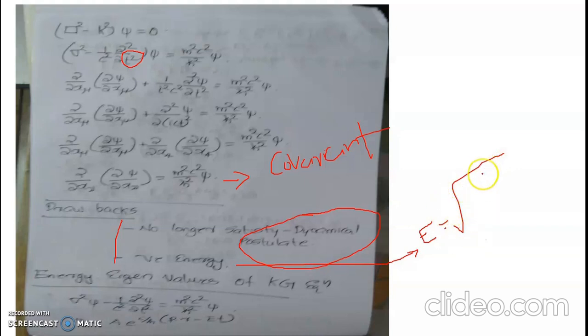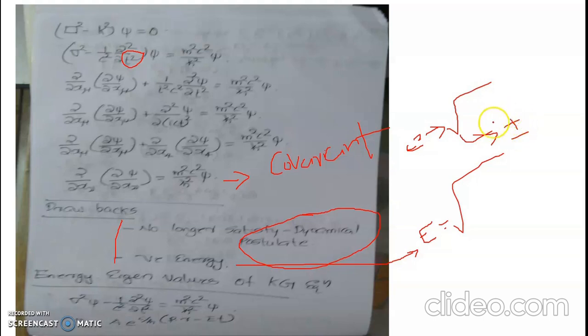To get around this square root operator, we have squared it, and the act of squaring must have introduced a drawback. Once you solve the equation, you will get the square of the energy eigenvalue. Then to interpret it as energy, you will have to take the square root. Once you take that square root, you will come across both a positive and a negative square root, even for a free particle.